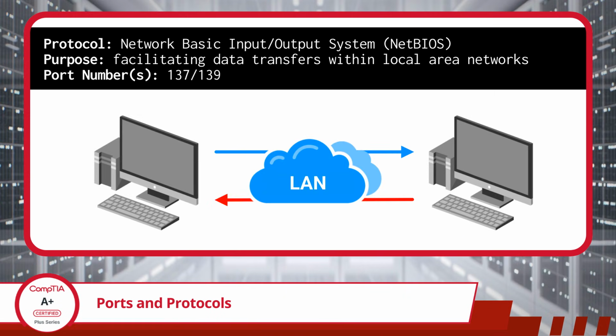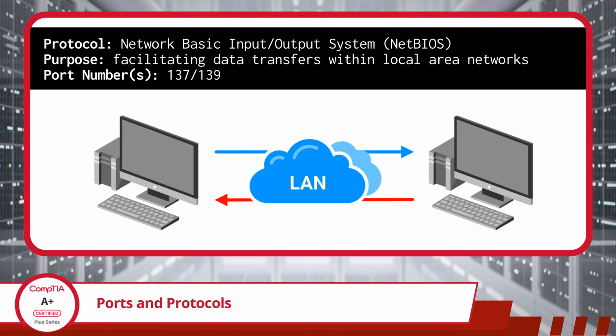As we continue our exploration of network protocols, we turn our focus to NetBIOS, or Network Basic Input-Output System. This protocol is a key player in local area networks, primarily facilitating tasks like file sharing and printer access within smaller networks. NetBIOS operates using multiple ports, with each serving a specific function.